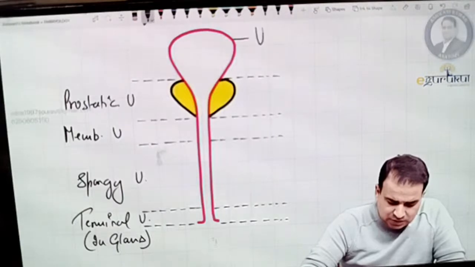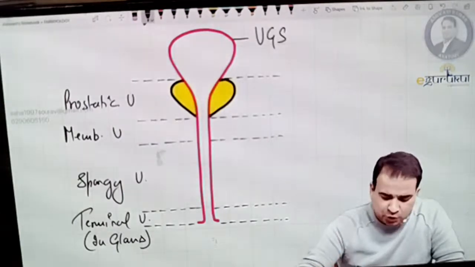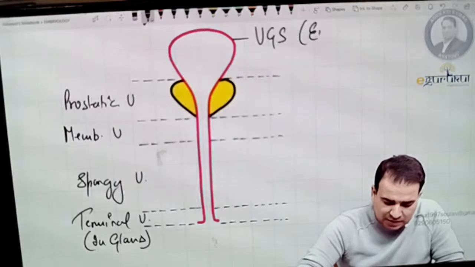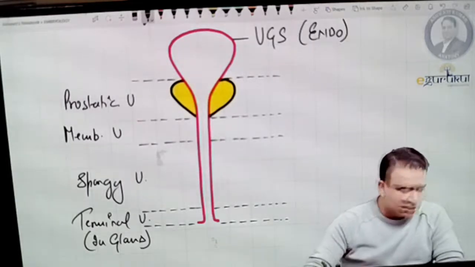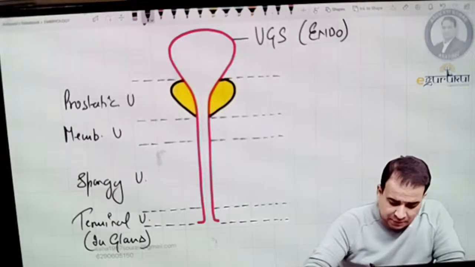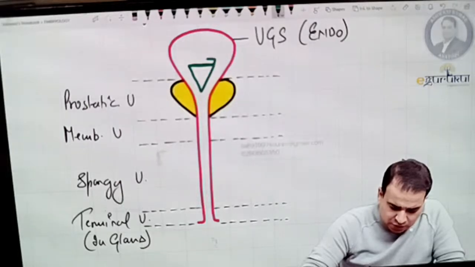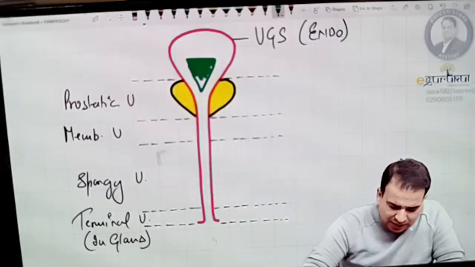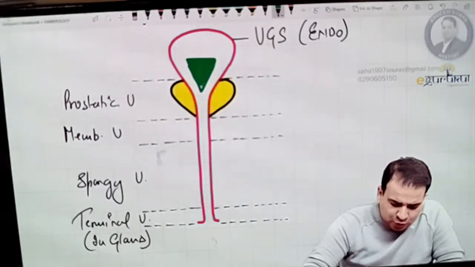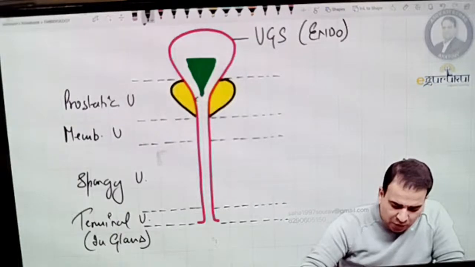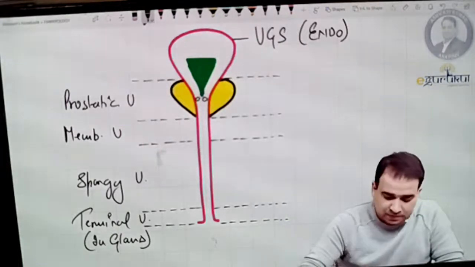So guys, this was the urogenital sinus, and we already know that the urogenital sinus is all about endoderm, an endodermal extension. Whereas look at this, the trigone part inside, which was initially formed by the mesoderm. Now, trigone is formed by the absorption of the mesonephric duct. Well, not only the trigone, the absorption of the mesonephric duct goes even further downward in the prostatic urethra till the opening of the ejaculatory ducts.